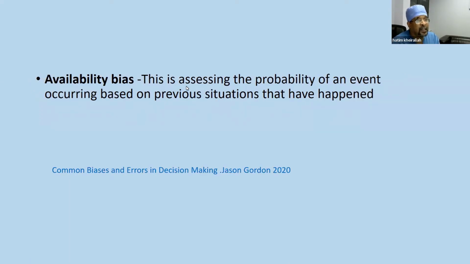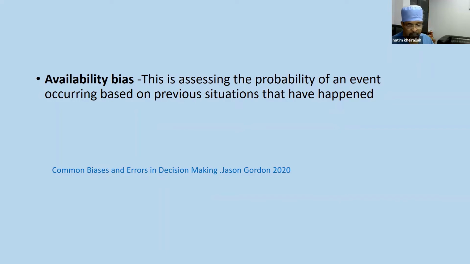Availability bias is assessing the probability of an event occurring based on previous situations that have happened. So previous clinical stories, histories, cases are going to influence your judgment now in an intrusive way.